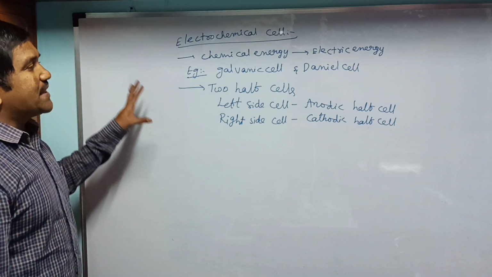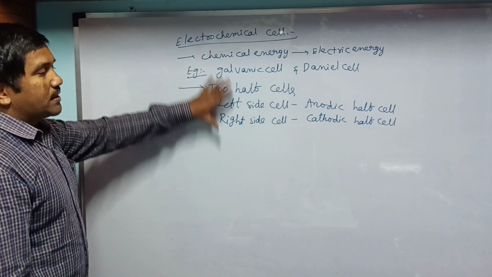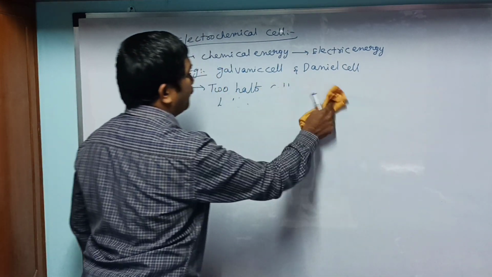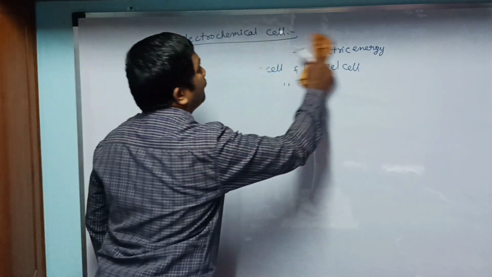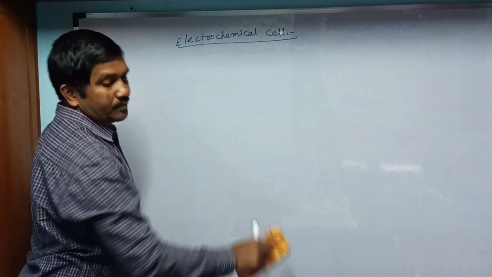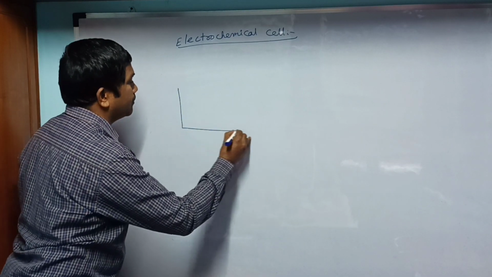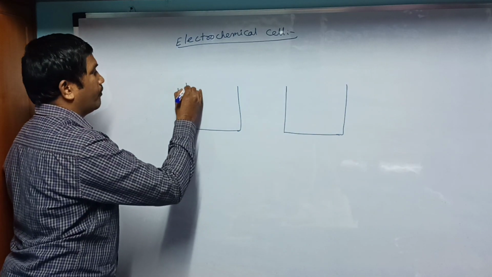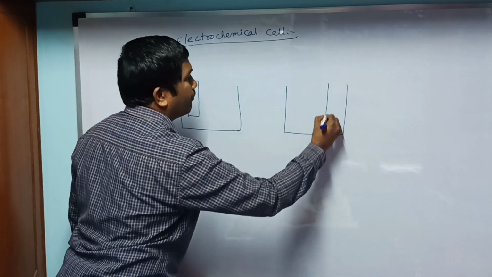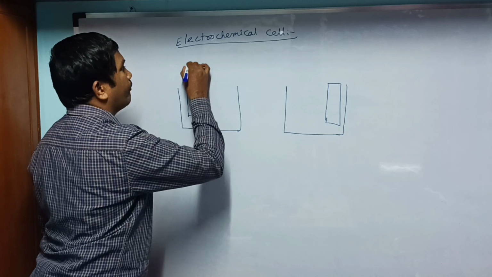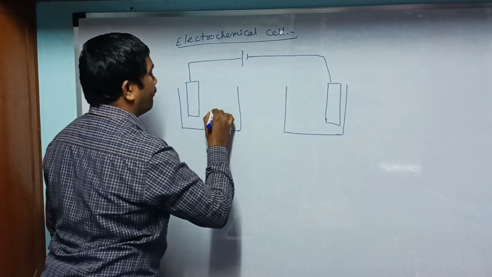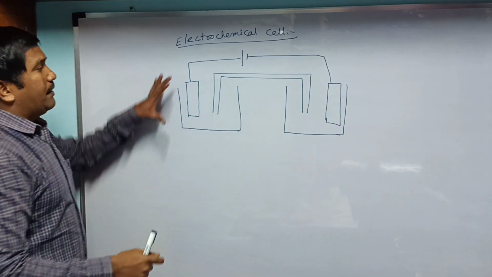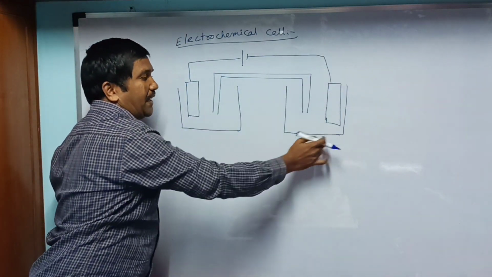What is the construction and the working of galvanic cell? Later I will explain with a diagram. So this part is one half cell, this part is another half cell.